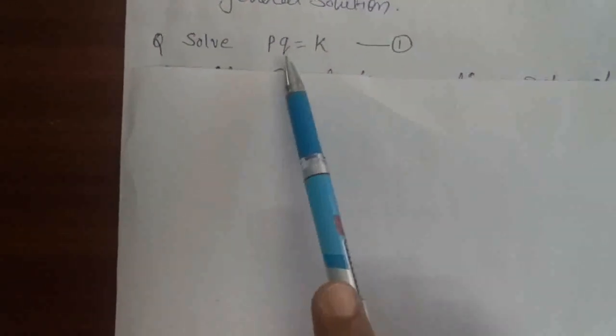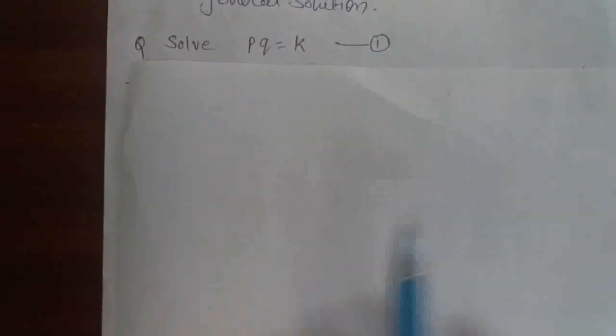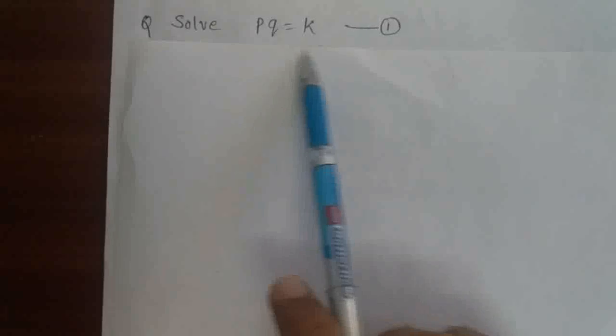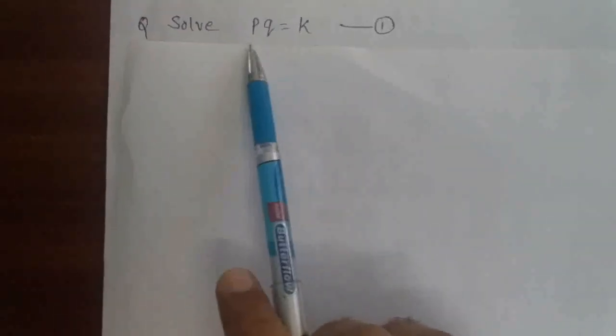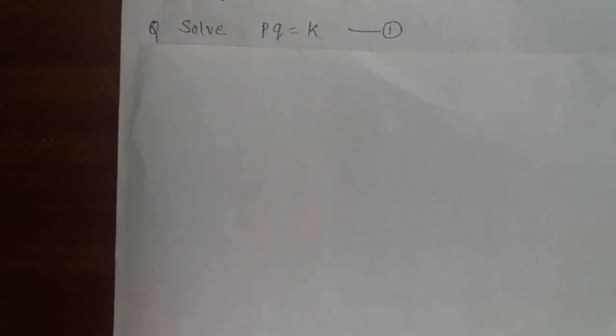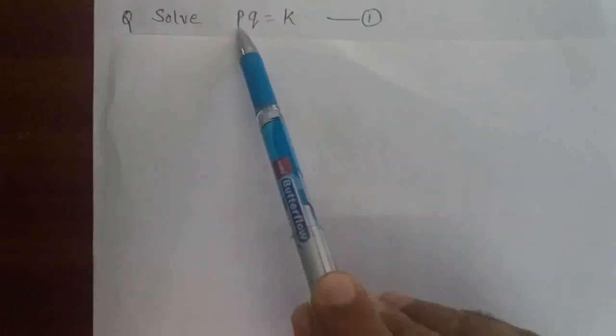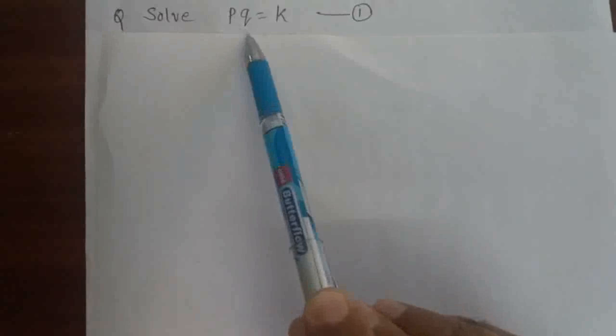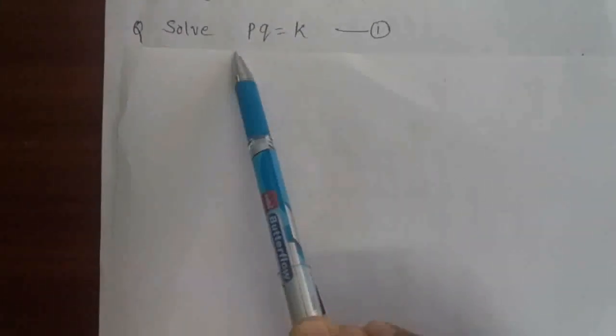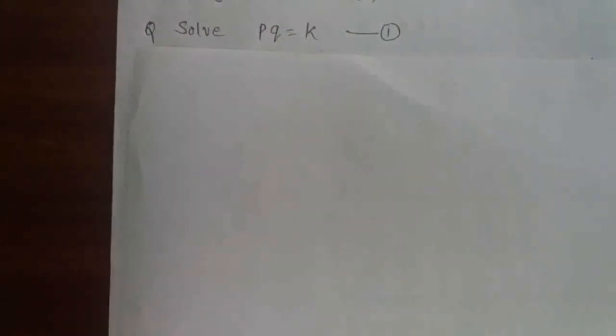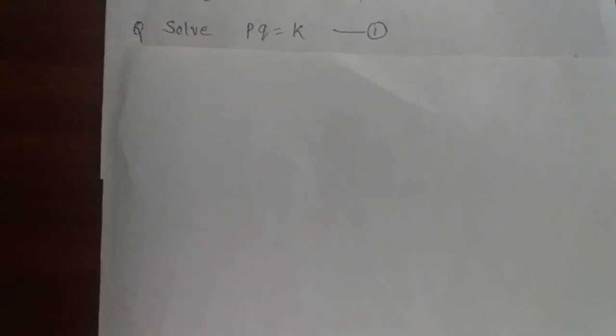Solve pq equal to k, a constant. It is clear that the given equation is a partial differential equation of first order. And since the equation contains the product term of p and q, that is p into q, this equation is a non-linear partial differential equation of first order.